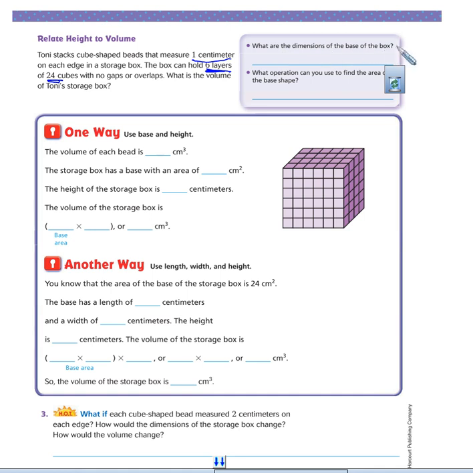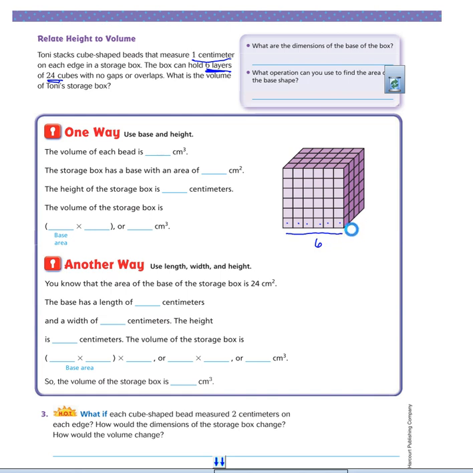So now I need to think, what are the dimensions of the base of the box? Well, I can see the box here. In the base layer, my length is 1, 2, 3, 4, 5, 6. So that's 6.